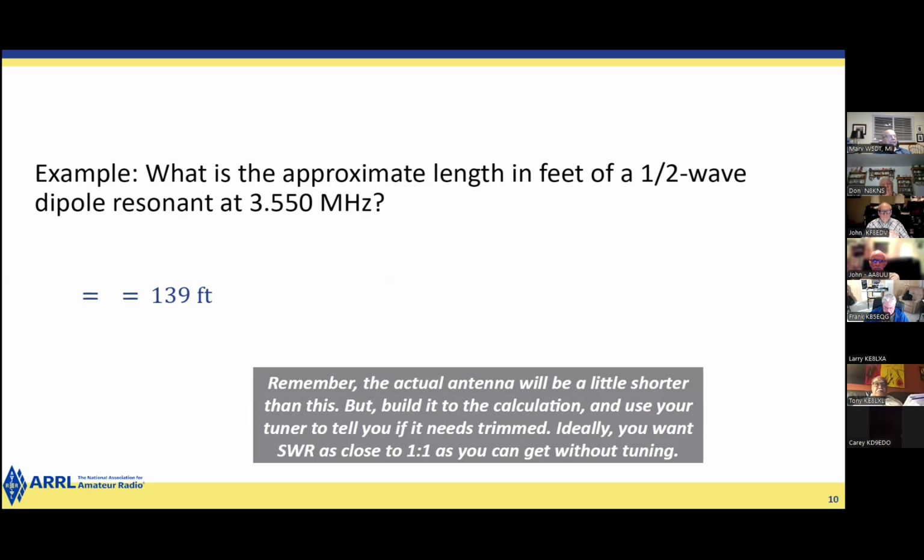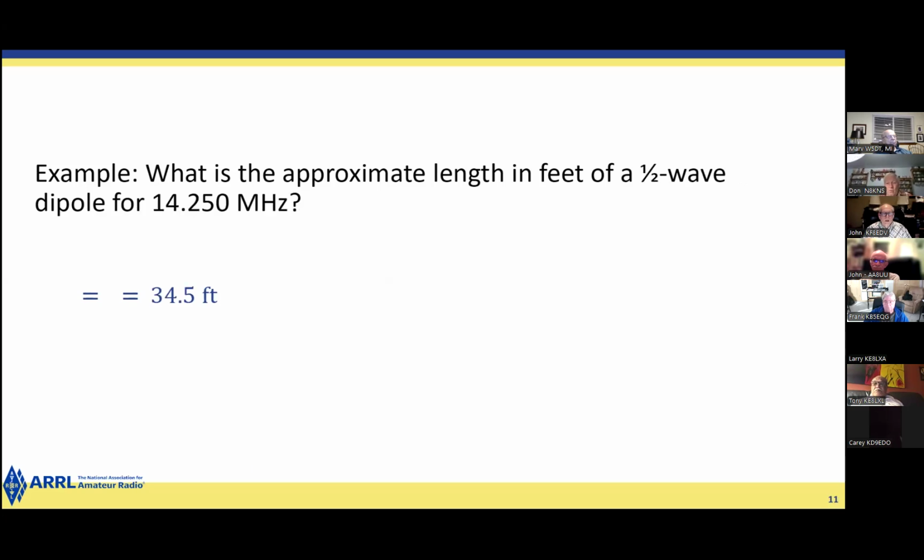I have an end-fed that works out at 138 feet. What is the approximate length in feet of a half-wave antenna for 14.250? Well, again, you've got 492 divided by 14.250, and you end up with 34.5 feet.